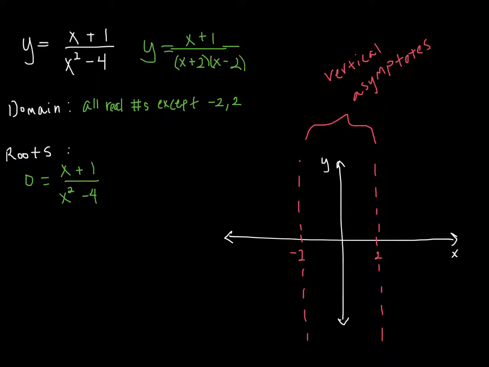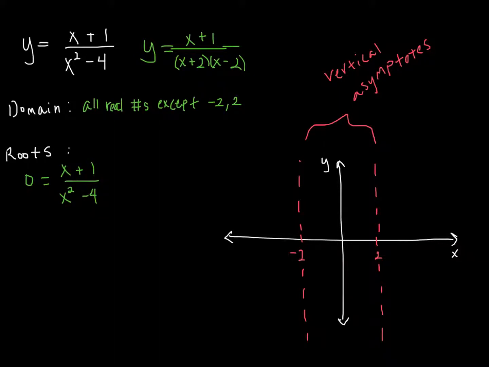Now there's a couple of different ways that we can do this, and I want to first talk about in general how we would look at something like this. We want to know what x value will make this fraction equivalent to 0. Well, what I want you to do right now is write down or think about a fraction which is equal to 0.